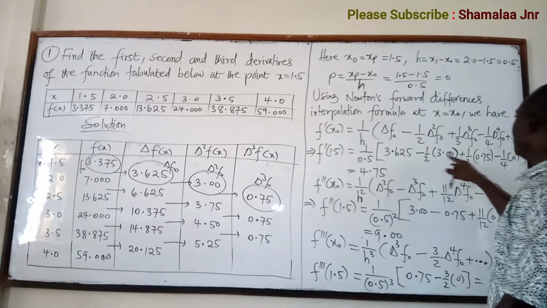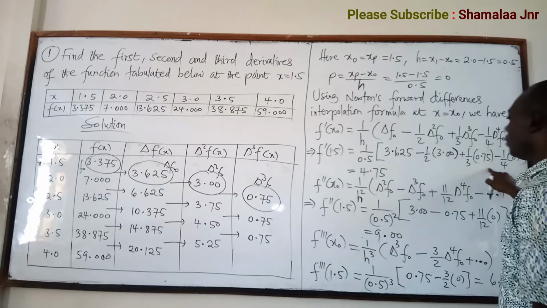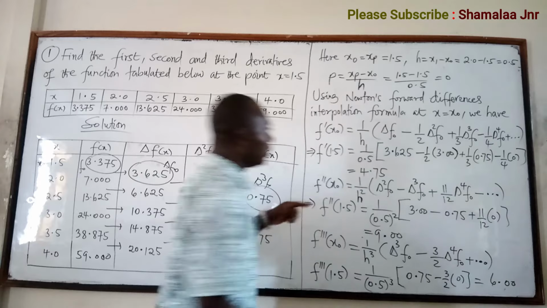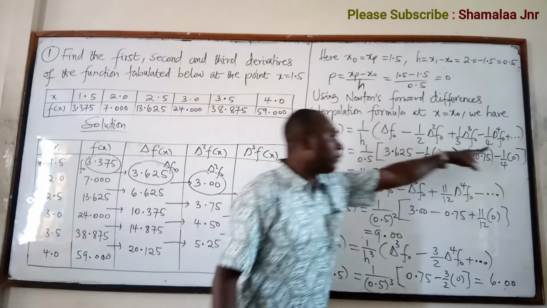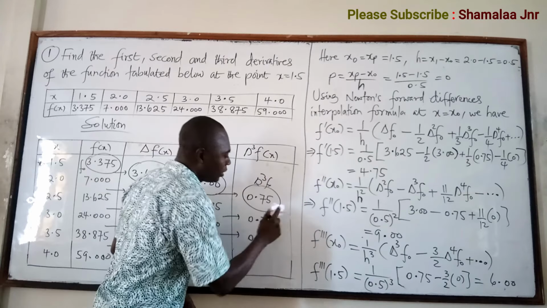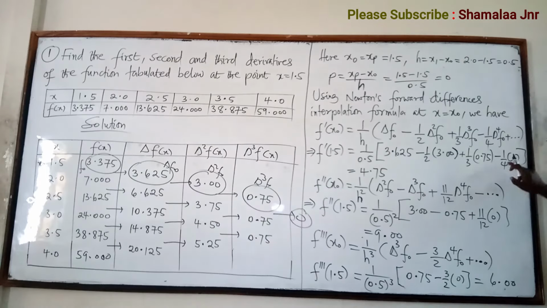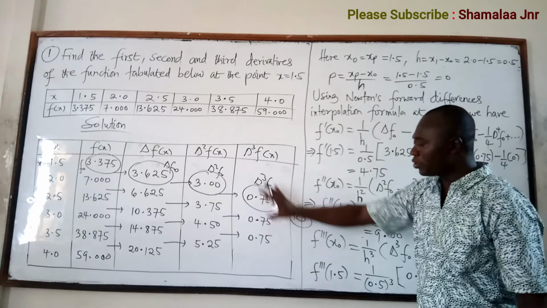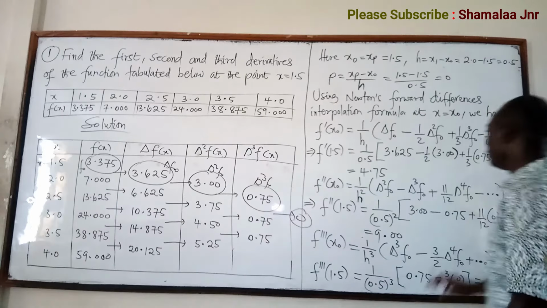Delta squared f naught is here, delta cubed f naught. Viewers, you see, you don't have delta raised to the power 4 f naught, because if you extend this one, this one will be 0. You see? So 1 over 4 times 0, and it will go to 0. So you can even decide to ignore it. That's why the table is stopped when you see that you're getting a constant value throughout.